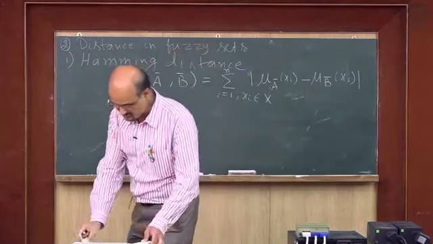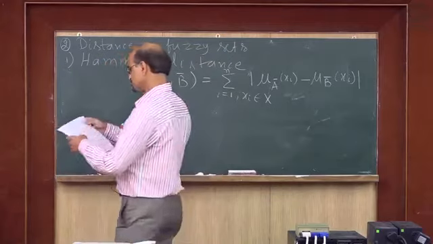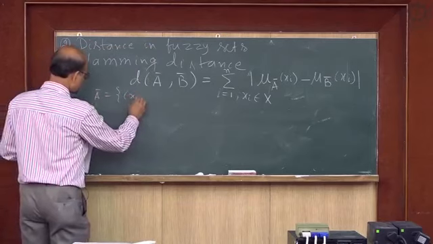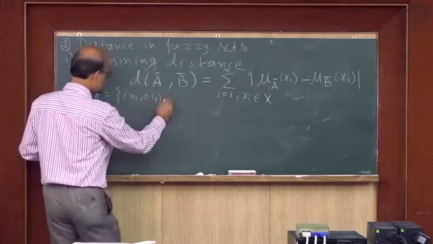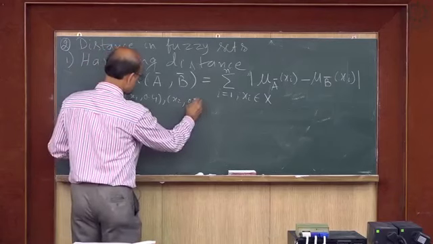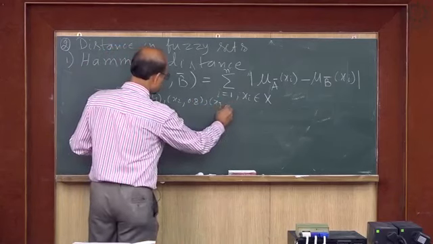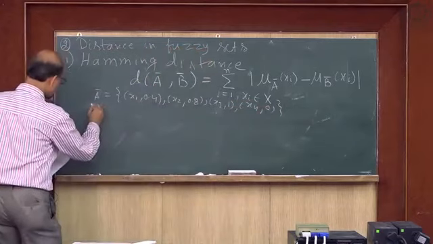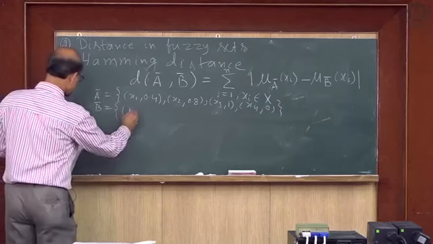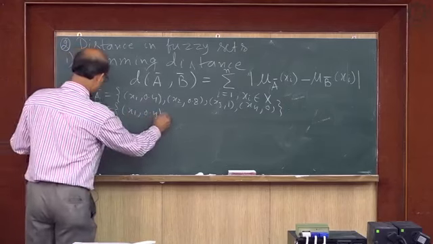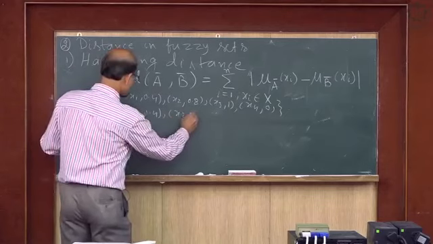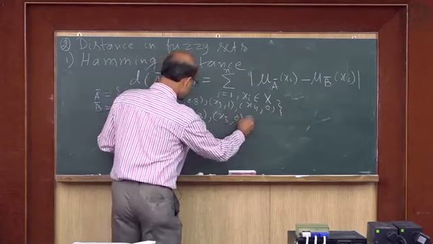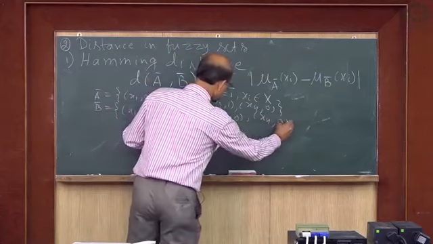So, let us take an example. Suppose I have a fuzzy set A bar as x1 0.4, x2 0.8, x3 1 and x4 0. Another fuzzy set B bar, suppose x1 0.4, x2 0.3, x3 0, x4 0.